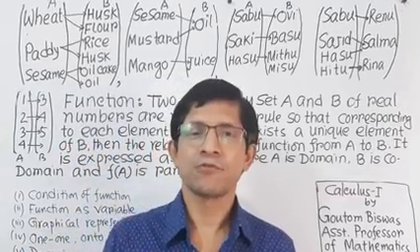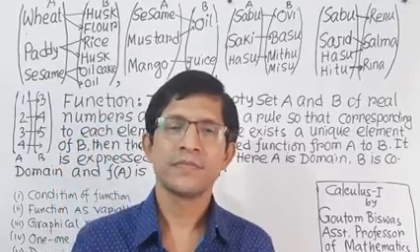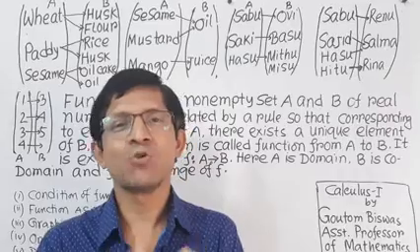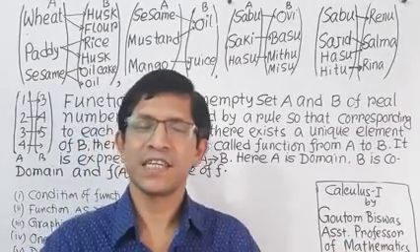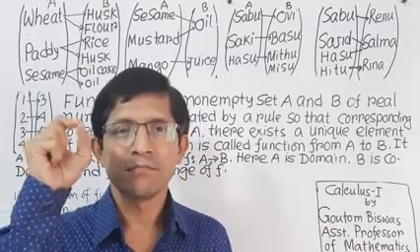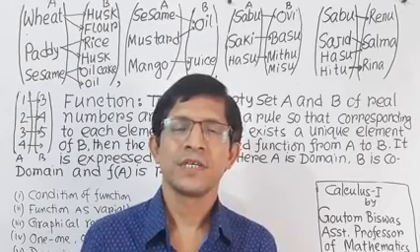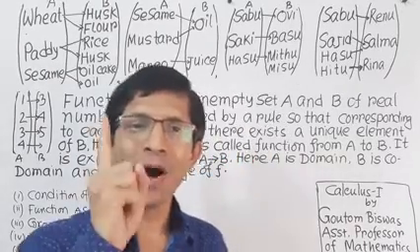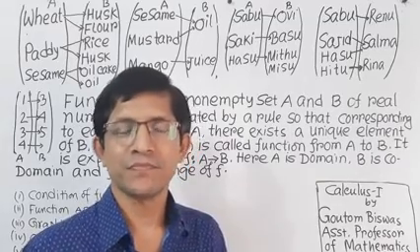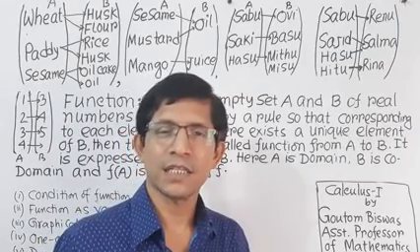Suppose you take an item such as wheat, and you put the wheat into the machine, and then you will get two items. These two items are flour and husk. So you input one item in the machine and you get two items. This is one kind of relation.